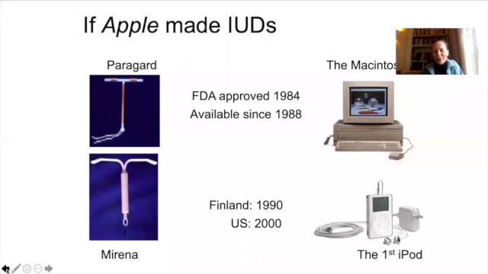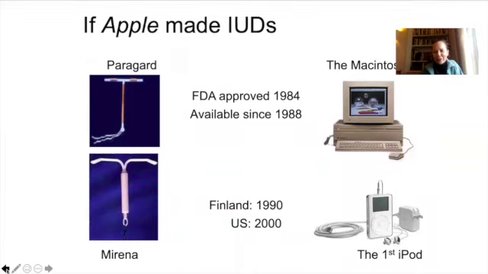So the Paragard was introduced in the US the same year that Apple released that cutting edge Macintosh 2. And it remains really a workhorse for us in the land of copper IUDs. You'll note that it was FDA approved in 1984, and it actually took 4 whole years to become available in the US. And then after that, Mirena, the first of the hormonal IUDs, was introduced in Finland in 1990.